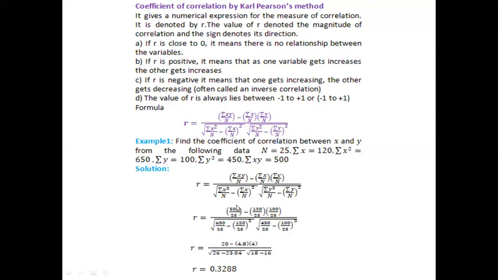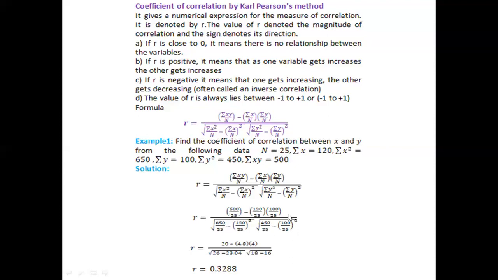Here summation xy is 500, capital N is 25, minus summation x, which is 120 divided by 25, into summation y, 100 upon 25, divided by, in the first square root, summation x square, that is 650 upon 25, minus (summation x, 120 upon 25) whole square, into the second square root, summation y square, that is 450 upon 25 minus (100 upon 25) whole square.